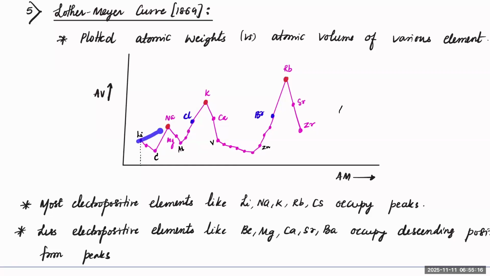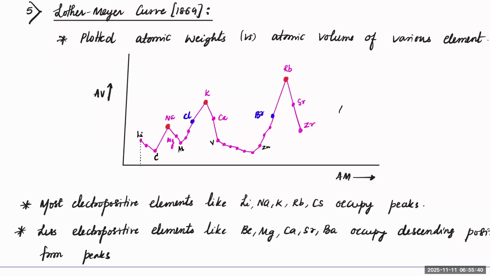The pattern is that the group 1 elements, if you notice, always occupy the peak spaces. And just before the group 1 elements, we will have elements from group 17, that too at a much lower value. They will not be at a higher value, at a lower value.